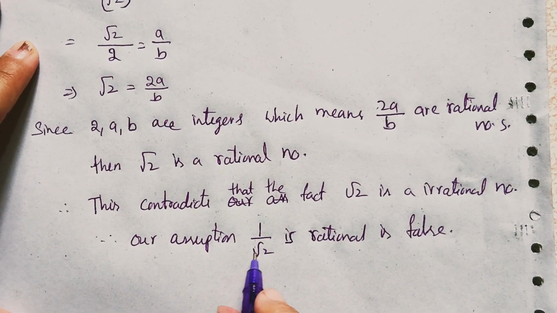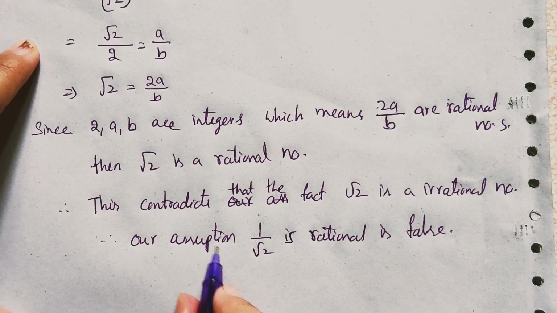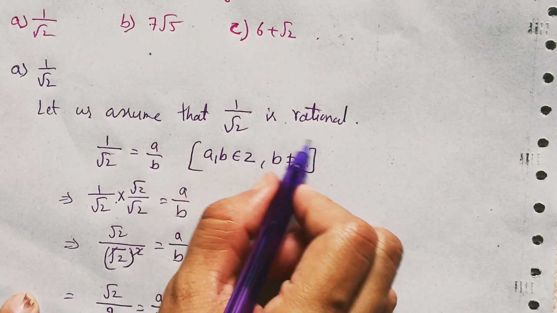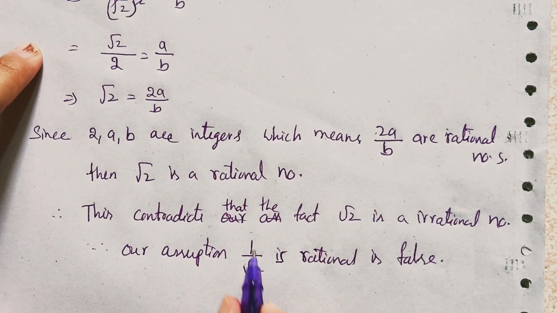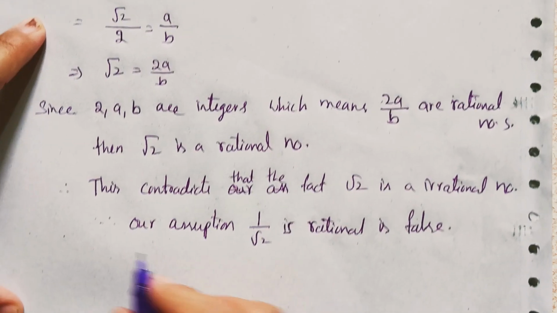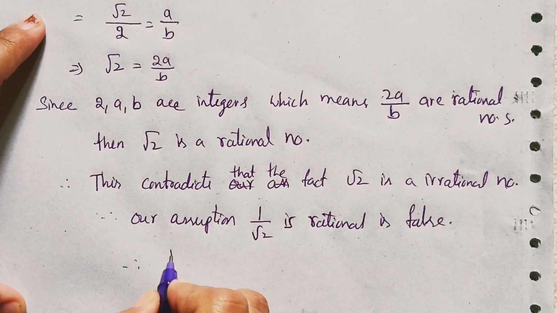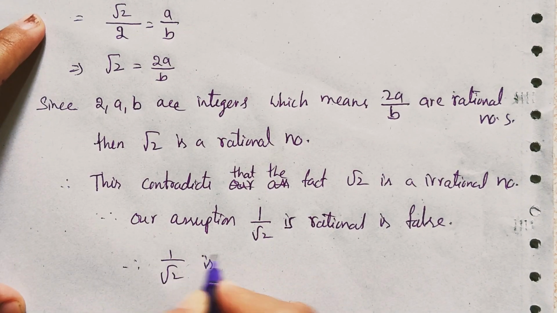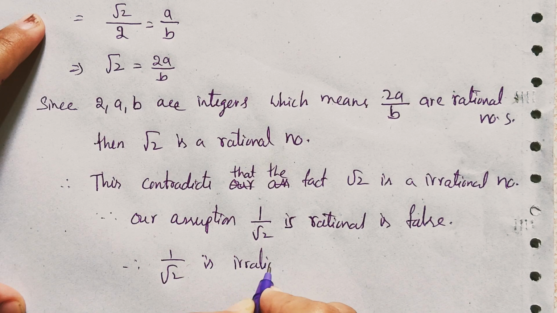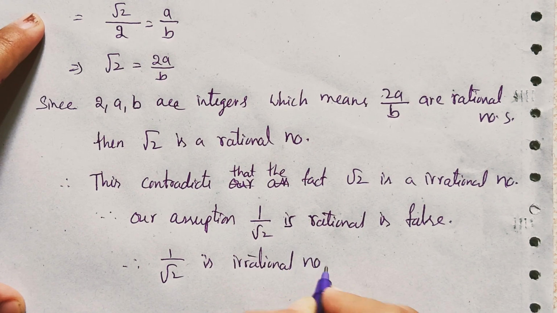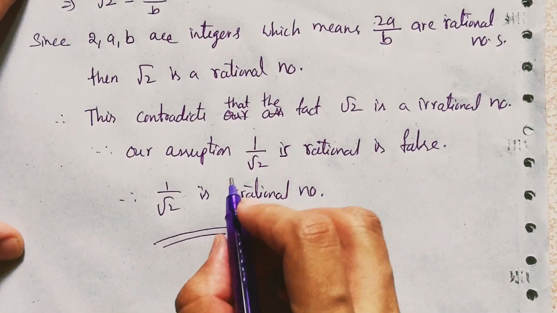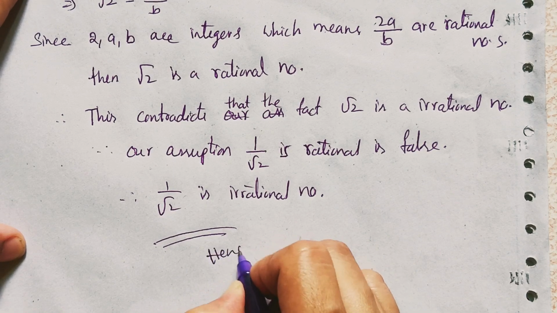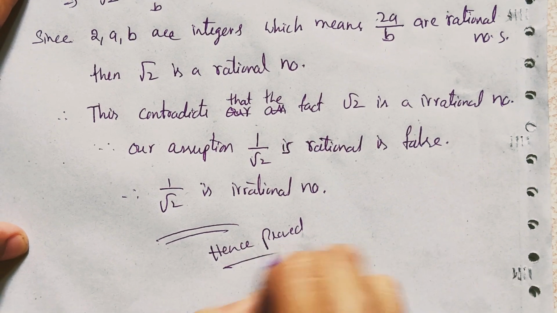So our assumption that 1 by root 2 is rational is wrong. Therefore 1 by root 2 is an irrational number. Okay guys, so hence proved.